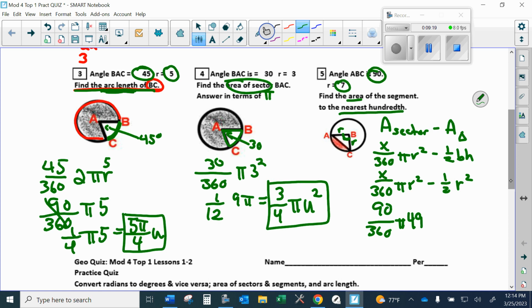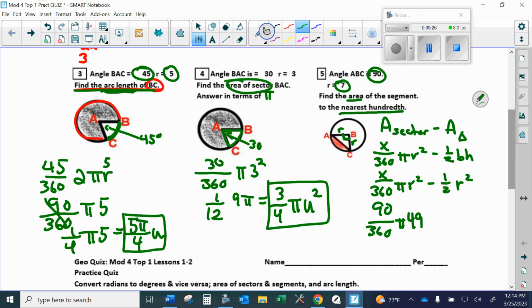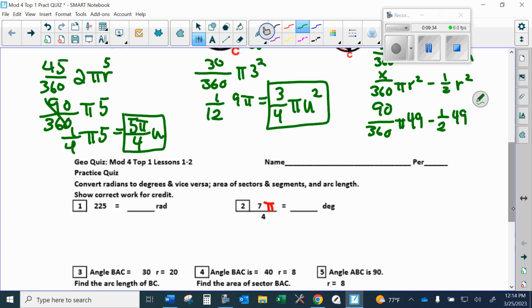So if you're that type, you need to do 7 squared in the calculator. Make sure you get your 49. Minus 1/2 of r squared, again, is 49. So 90 over 360 is 1/4 of 49 pi minus 49 halves.